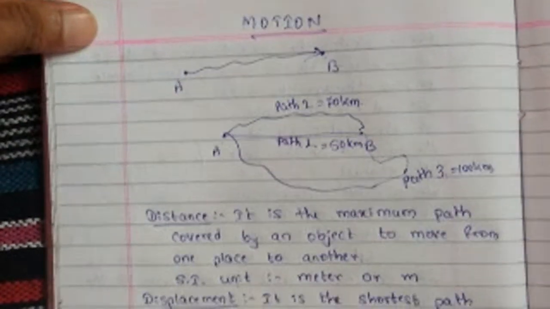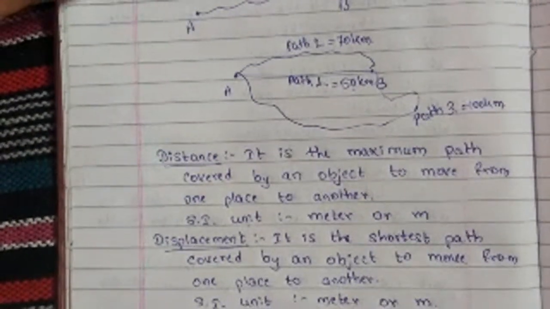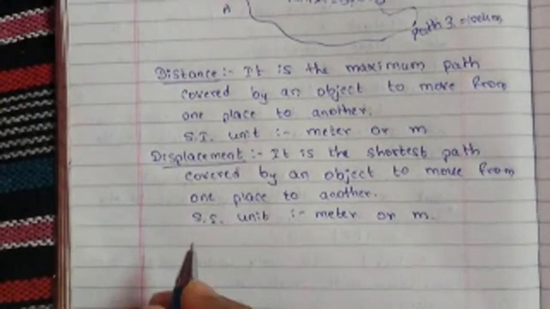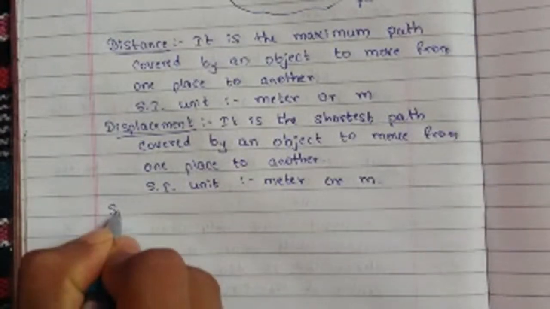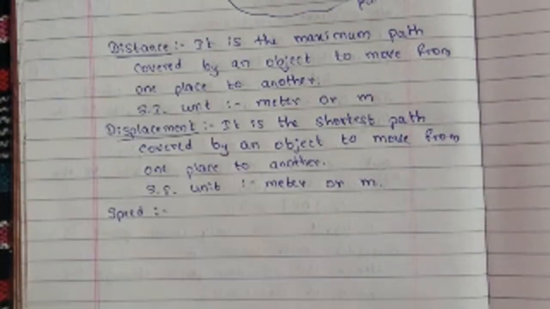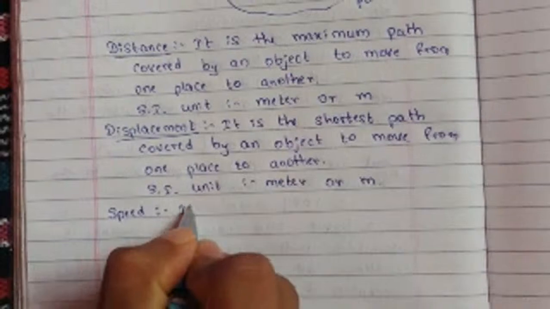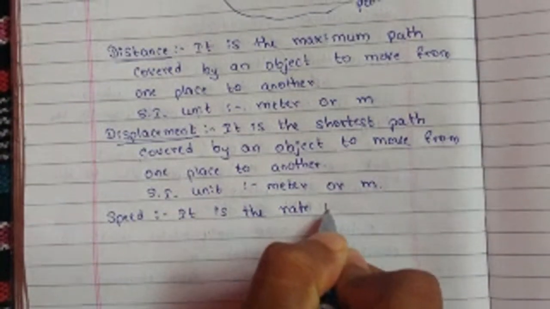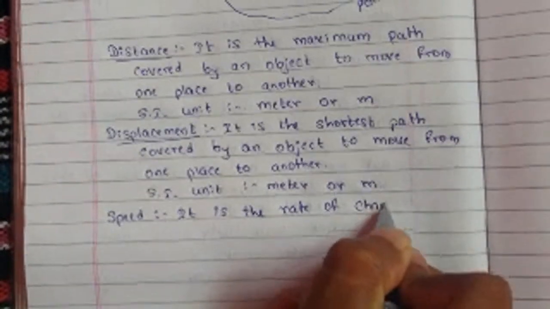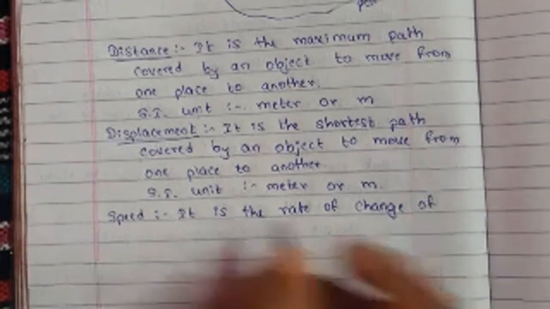Next part is speed. Speed is the rate of change of distance.